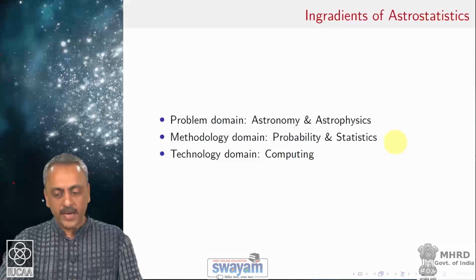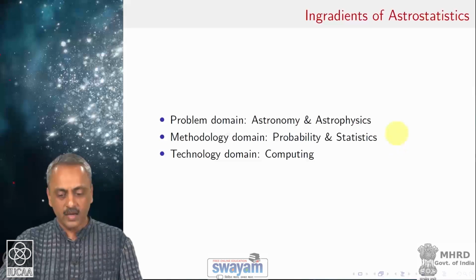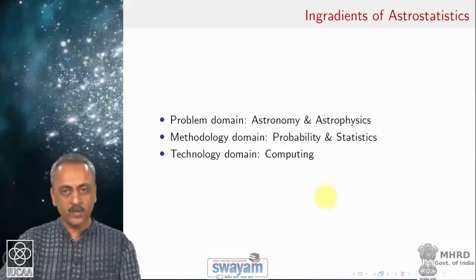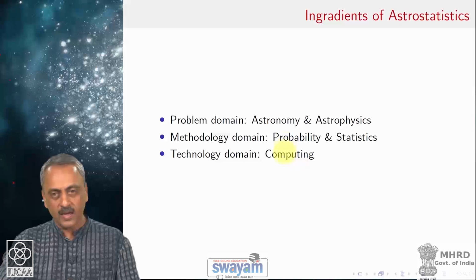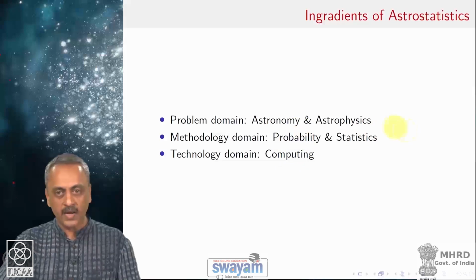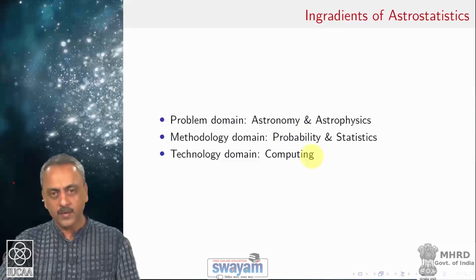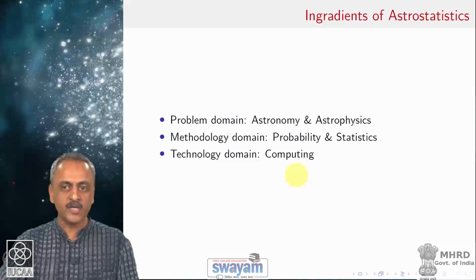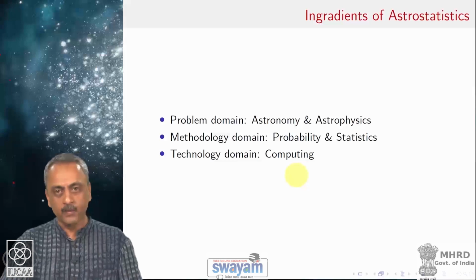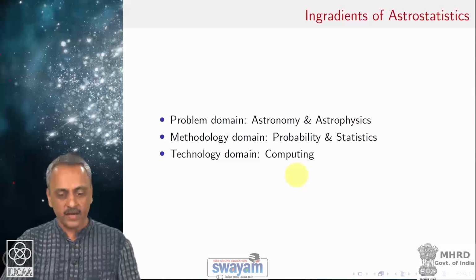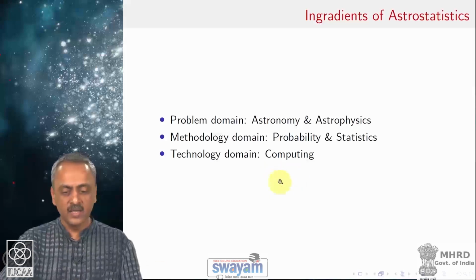And at the practical level, all this oftentimes boils down to the technological domain of computing. I am making rather broad categories here. Computing, okay, some people will disagree that computing is purely technological. There is a strong formal base to it, anchored in formal computer science, but let us ignore those finer distinctions.